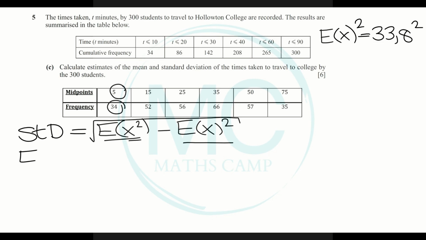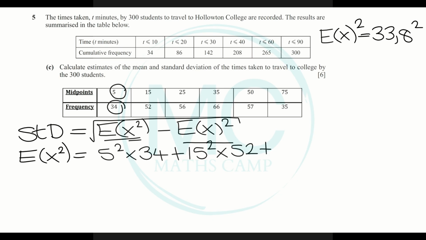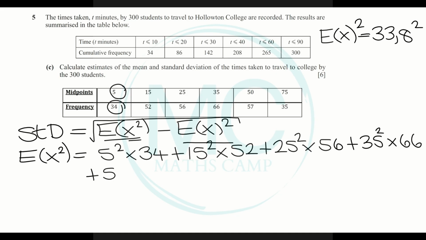So I can say EX squared is equal to 5 squared multiplied by 34 plus 15 squared multiplied by 52 plus 25 squared multiplied by 56 plus 35 squared multiplied by 66 plus 50 squared multiplied by 57 plus 75 squared multiplied by 35.